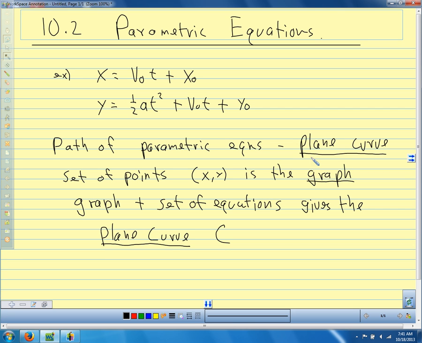So one thing that we're going to be doing with parametric equations, to help us sketch a graph, is we may want to eliminate the parameter. It might not be clear if we have a set of parametric equations what the graph is going to look like. So in order to see what the graph is going to look like, we eliminate the parameter.